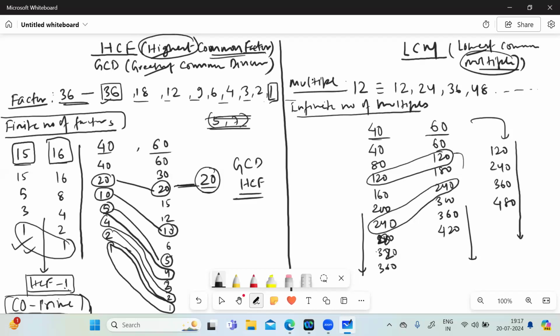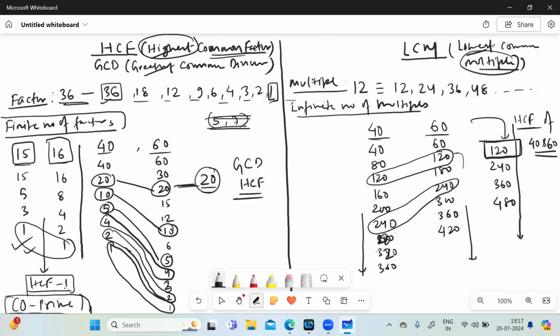Out of these, whichever is the smallest, we will call this number the LCM of 40 and 60. Okay.